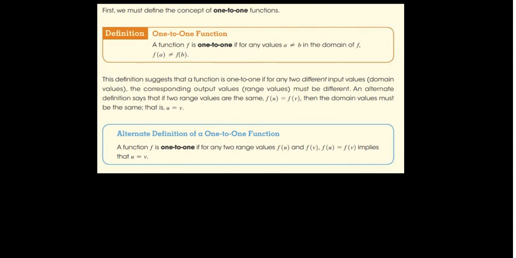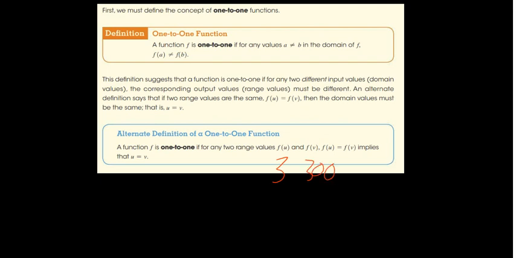This I'm sure is just reiterating. A function f is one-to-one if for any two range values f of u and f of v, that is the function at u and the function at v, it doesn't really matter what u and v are. Again, we can just say 3 and 300.